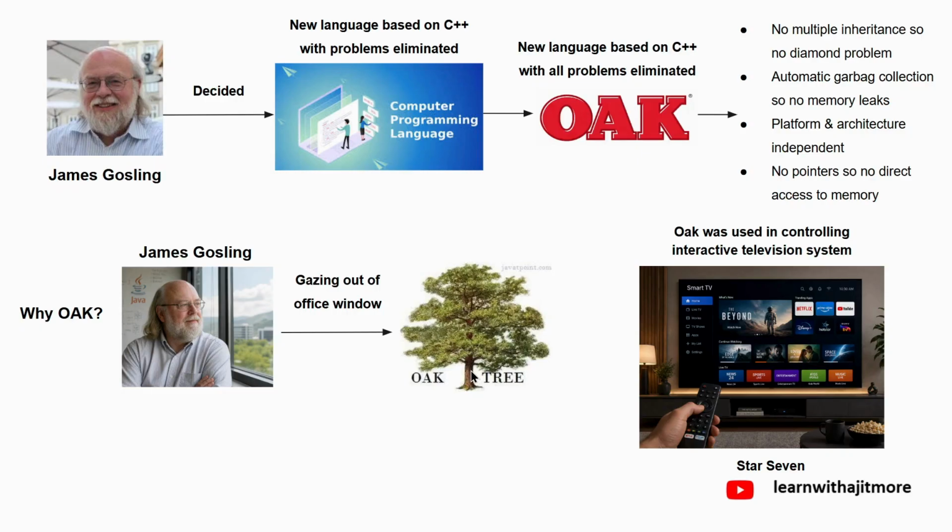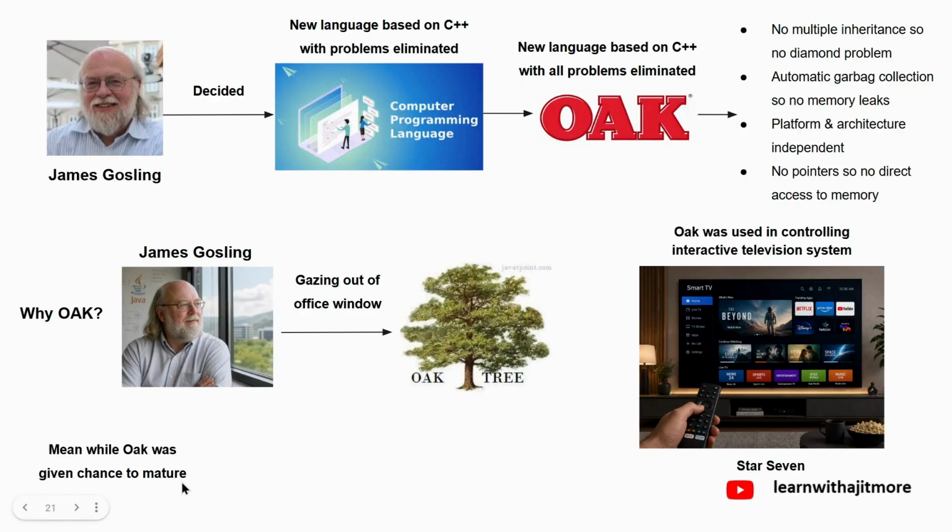Let's make the language better, add more libraries, make it more efficient, more secure. So focus on security, focus on making better libraries, whatever libraries are provided, let's make them better. Efficiency means taking less time for compilation and interpretation. So for that, they gave time for Oak to mature.